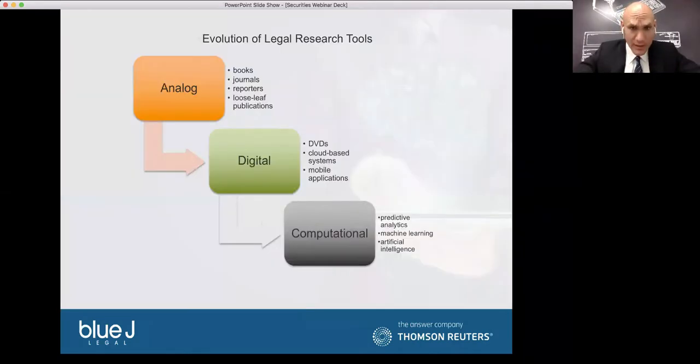So let's get started. Just to provide a little bit of context and to situate the conversation that follows, I think it makes sense to explain where I think these kinds of research tools fit into the arc of legal research tools over time.